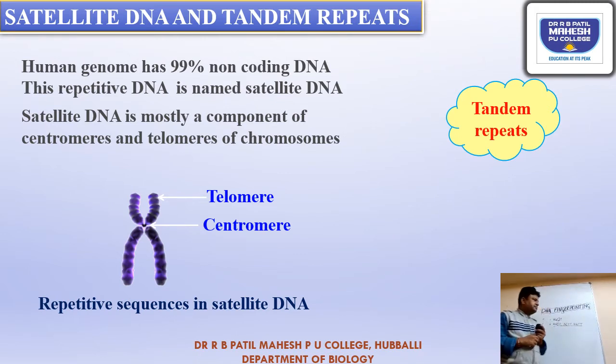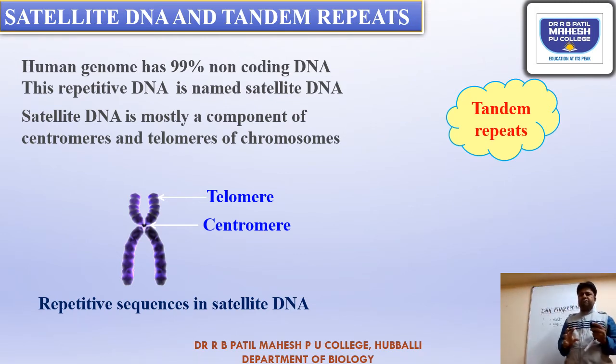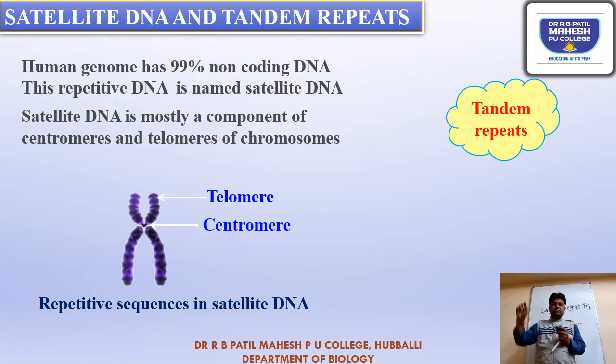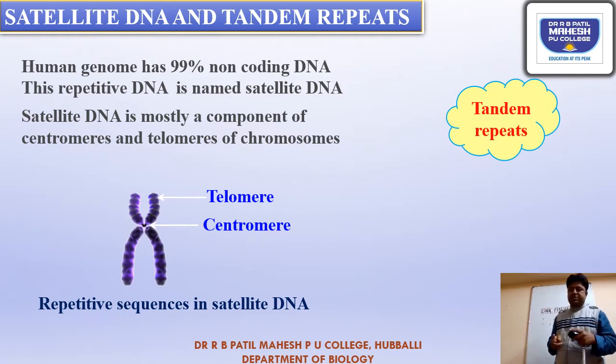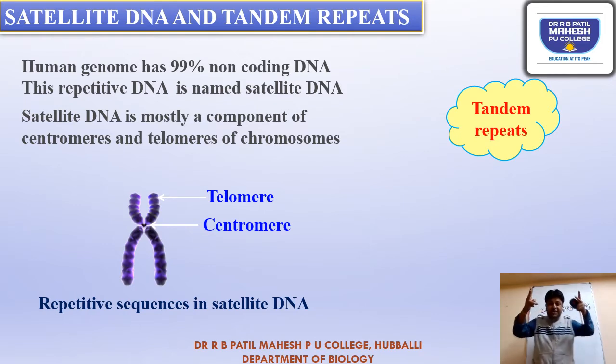For example, I'll take DNA from human beings, species 1, and I'll take the DNA of a second species, a horse, a donkey, etc. And I'll treat both the DNA with restriction endonucleases. The restriction endonucleases cut the DNA into fragments.